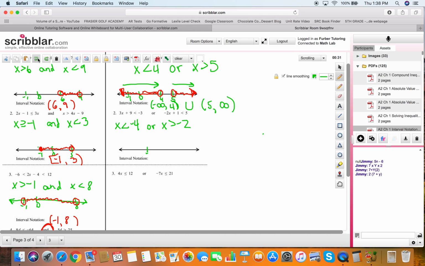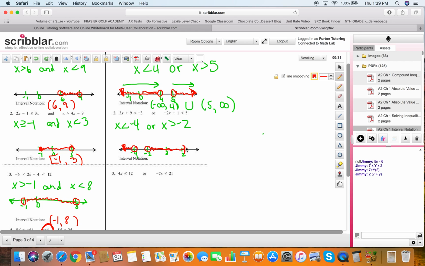Hang on. Negative 4. And then I think we just had like 0 and 2, something like that. Okay. So we had an open circle on both of these. Okay. But this is to the left was our arrow. And this one was to our right.